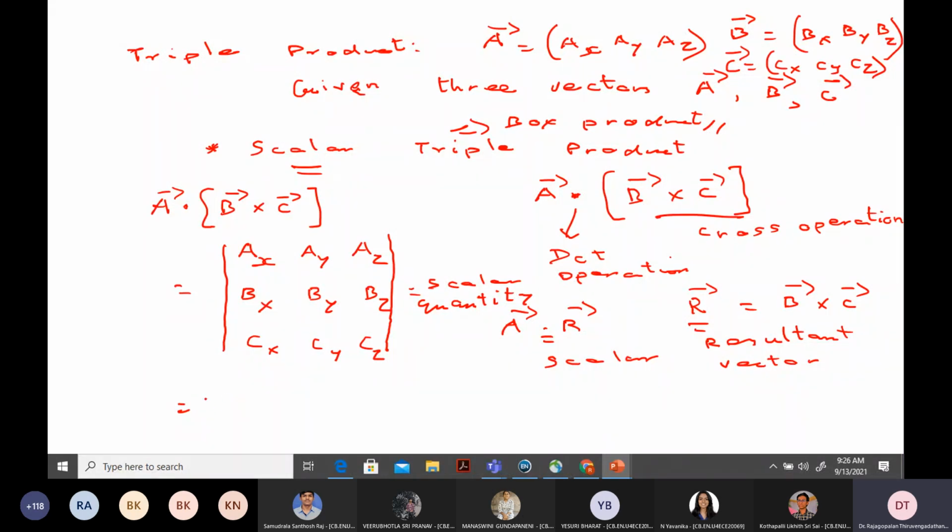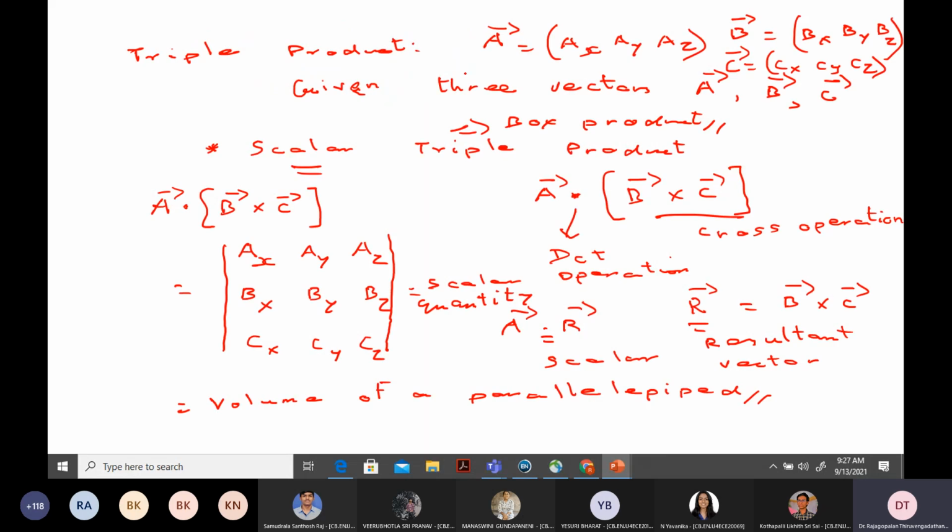The significance is it gives the volume of a parallelepiped defined by the edges A, B, C. Volume of a parallelepiped. So that is about the scalar triple product. I'm sure that you have understood.